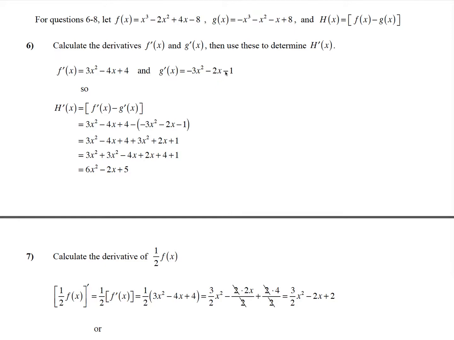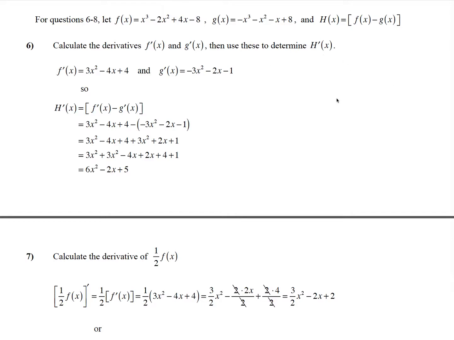The coefficient here is a negative 1, an invisible negative 1, right? So that coefficient comes down, and the constant term differentiates out.